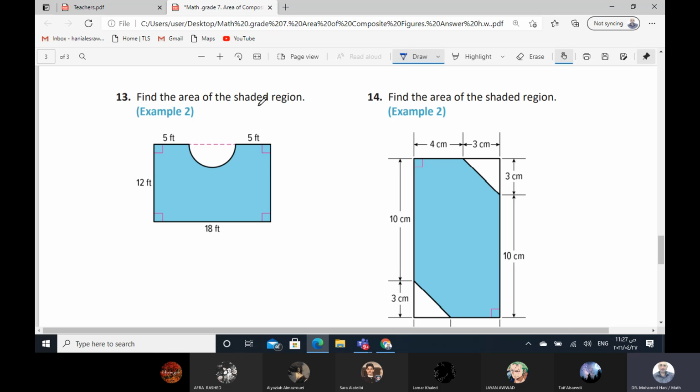Number 13, find the area of the shaded region. As you see, the total side here is 18. This side equals this side, means here the total side will be 18. This part 5 and this part 5. 5 plus 5, 10. 18 minus 10 will be 8.